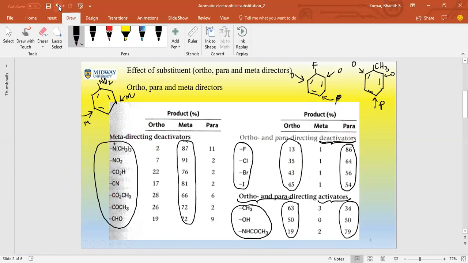So if your substituent is NO2 or CN or one of the other electrophiles, we haven't learned everything, but we have learned these two so far. So if these are the two groups sticking on the benzene ring, that means that if you add an extra group, it would only go to the meta position. All right.